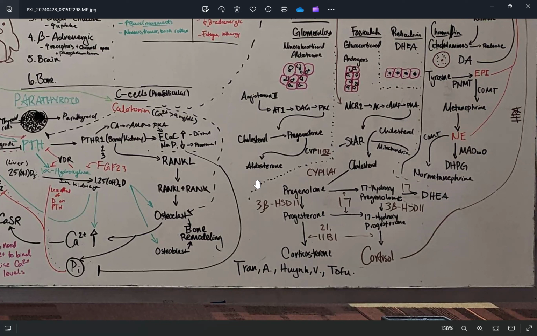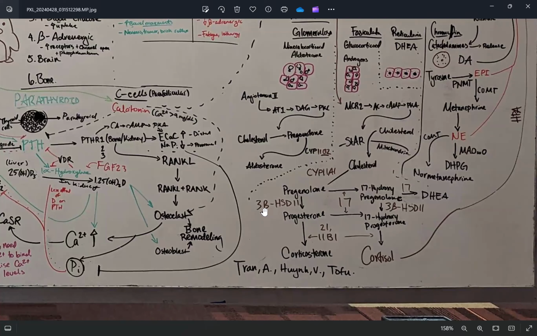You have different CYPs that we want to talk about here. Cholesterol is made to pregnenolone by CYP11A1. I'll just say the numbers instead of CYP to be less redundant. So 11A1 makes pregnenolone. The 3-beta HSD will convert pregnenolone to progesterone.